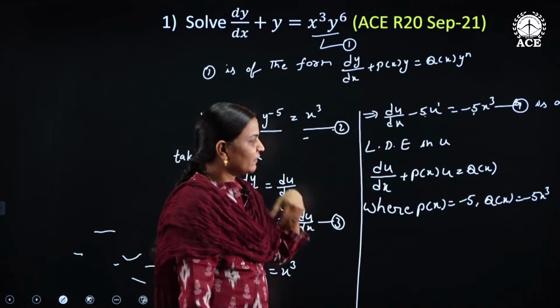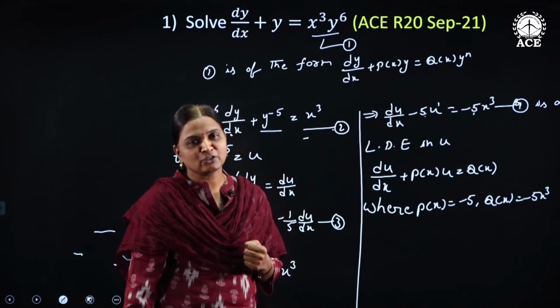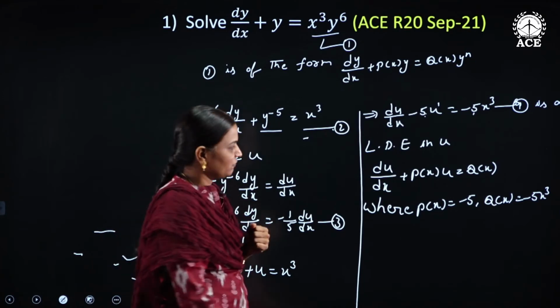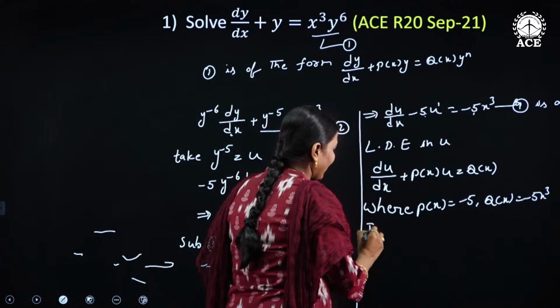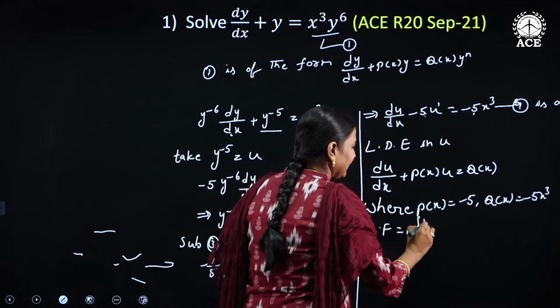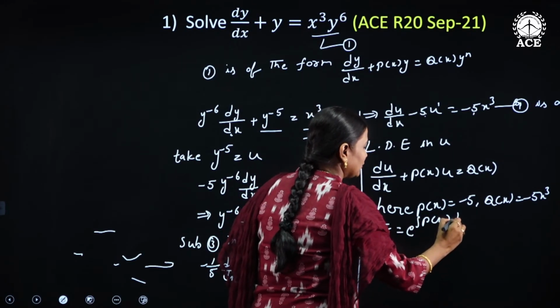So after identifying p and q, to write the general solution of a linear differential equation, we need the integrating factor. What is the integrating factor? What is the formula for integrating factor? e to the power integral p of x into dx.